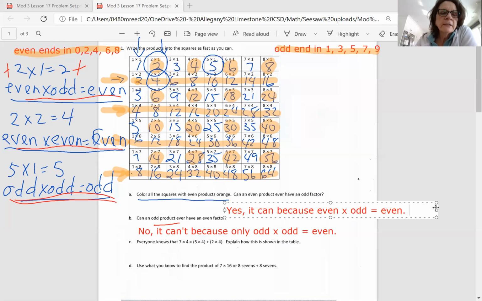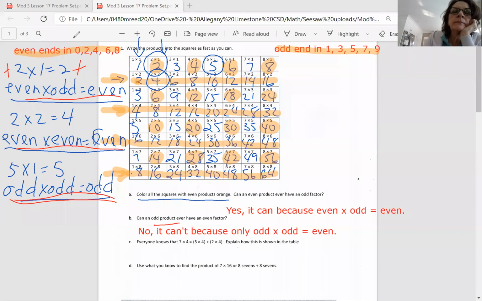Now, letter C. Everyone knows that 7 times 4 equals 5 times 4 plus 2 times 4. Explain how this is shown in the table. Okay. Well, let's look at 5 times 4. So let's find 5 times 4 in our table. And it's right here practically in the middle. There's 5 times 4. And let's find 2 times 4 in our table. So we're looking for the factor 2 times 4. 2 times 4 is right here.